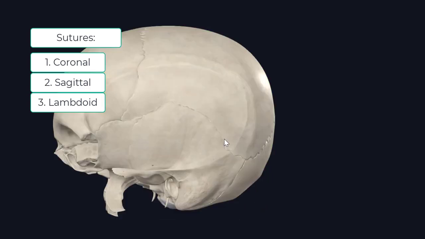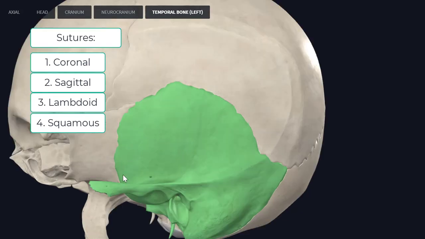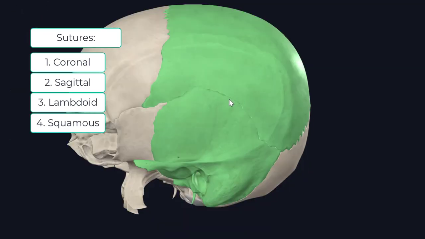And the fourth suture is called the squamous suture. This squamous suture is between the temporal bone and parietal bones on each side, obviously. So we are going to have two squamous sutures, on the right and on the left side. But interestingly, why is it called the squamous suture?